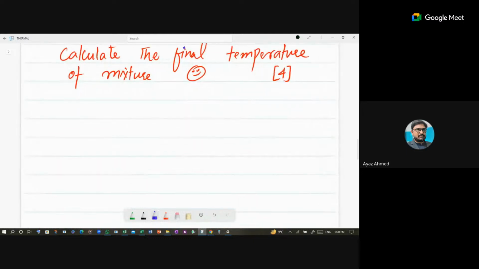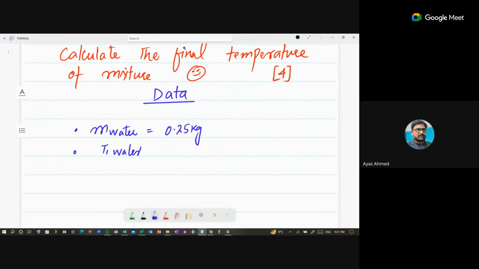Now for that purpose I need some information. What data should be given by the examiner? That is the mass of water. So how much mass of water do I have? 0.25 kg. Then I should know the initial temperature T1 of water.